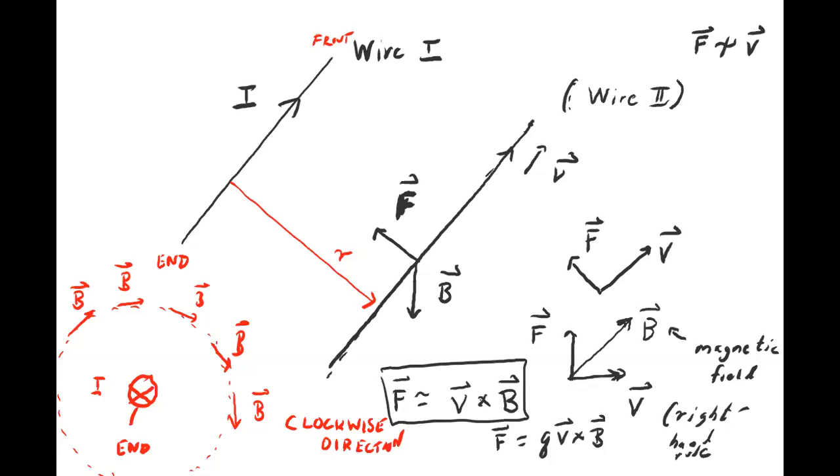There's a current inside wire 1, and there's a current inside wire 2. And wire 2 is going to feel a force that's dependent upon the field B generated by wire 1 and the velocity of particles moving inside wire 2.